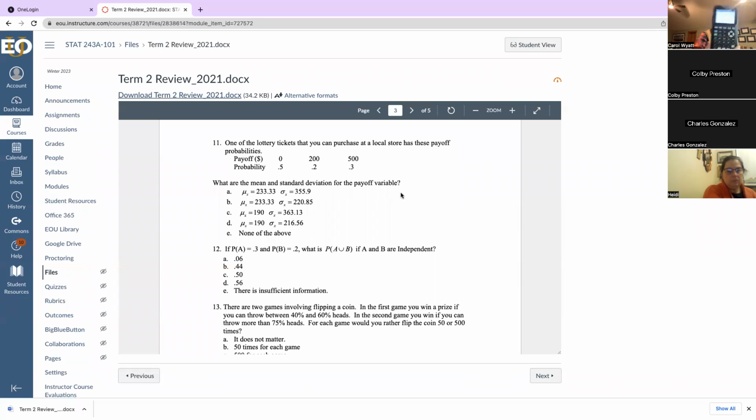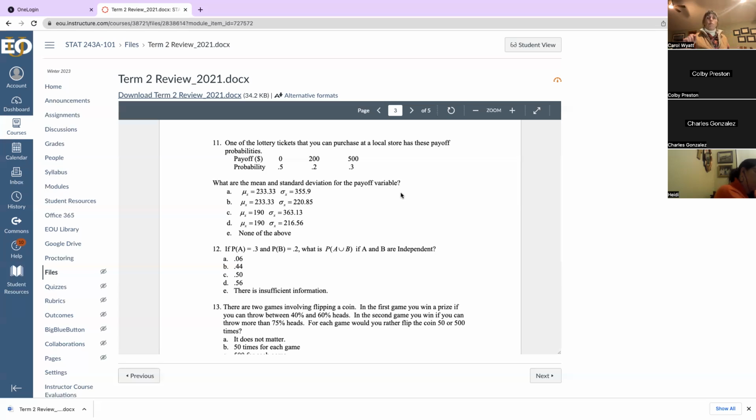That's our 190. Now to get the standard deviation, I'm going to do this by hand first. I'm going to take 0 squared times 0.5, plus 200 squared times 0.2, plus 500 squared times 0.3.